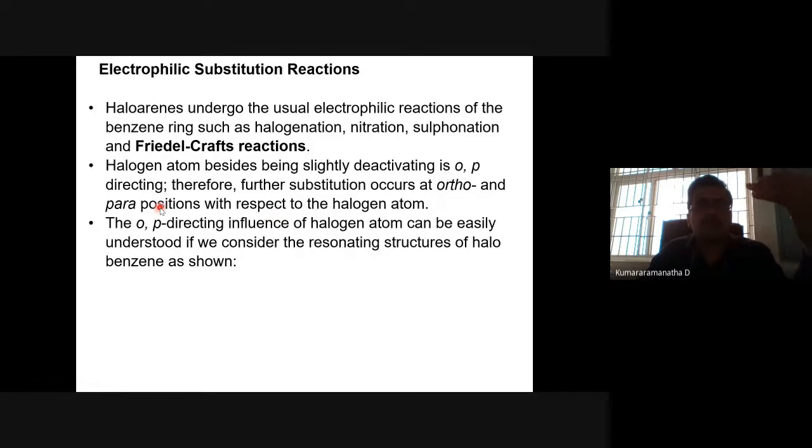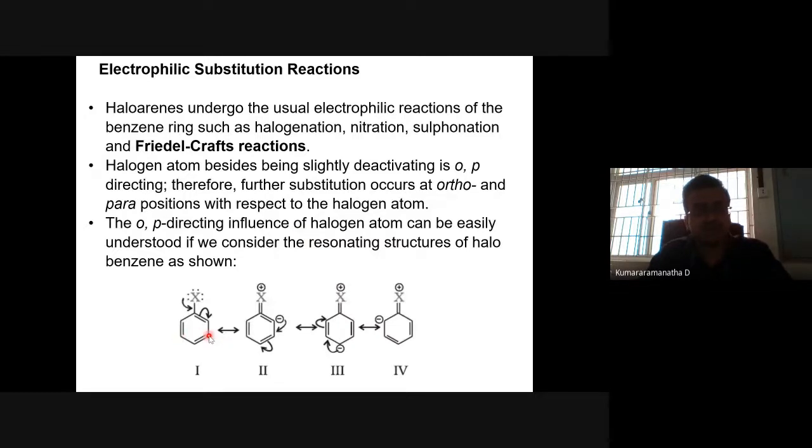Again, you are looking at ortho-directing and para-directing with respect to how the substitution happens. You can understand this with respect to the different resonance structures, whether at the ortho or para positions.